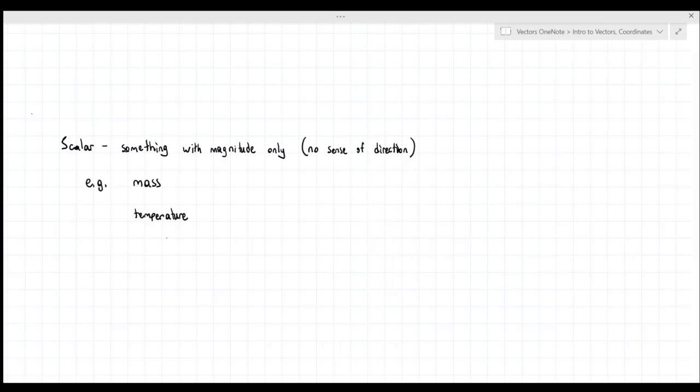Looking at temperature, for instance, we might say that the temperature outside is, maybe I'll guess 35 degrees Fahrenheit.